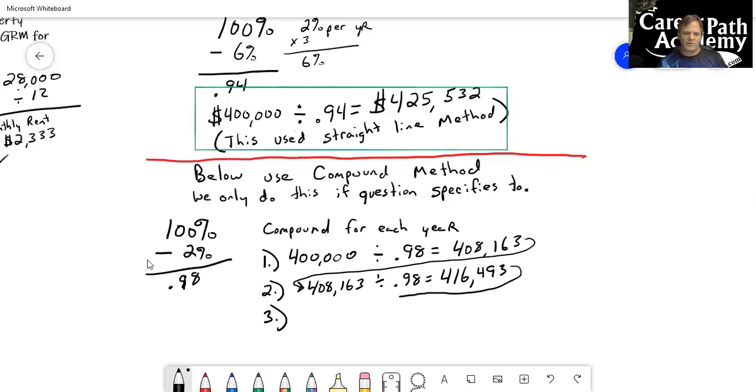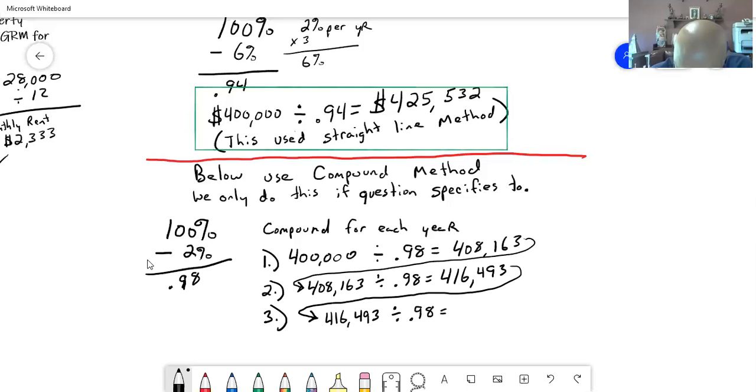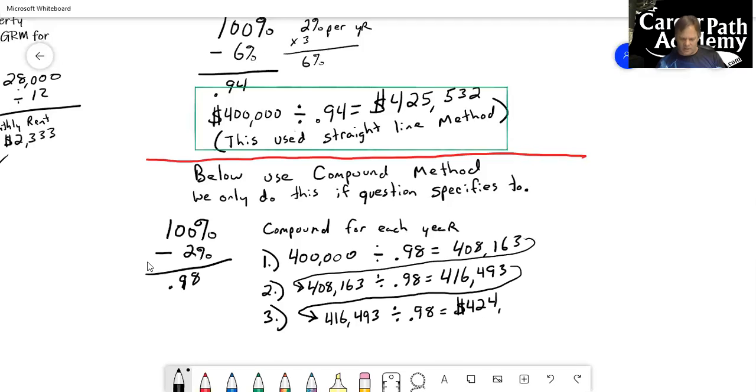That's 2 years ago. But now we take that and we do 416,493 and change, divided again by 0.98, and we'll get our answer. 424,992.